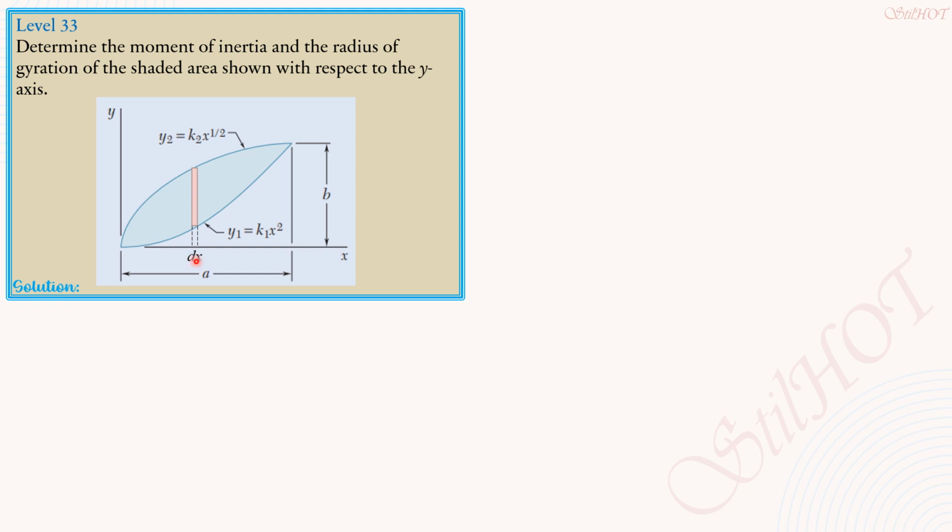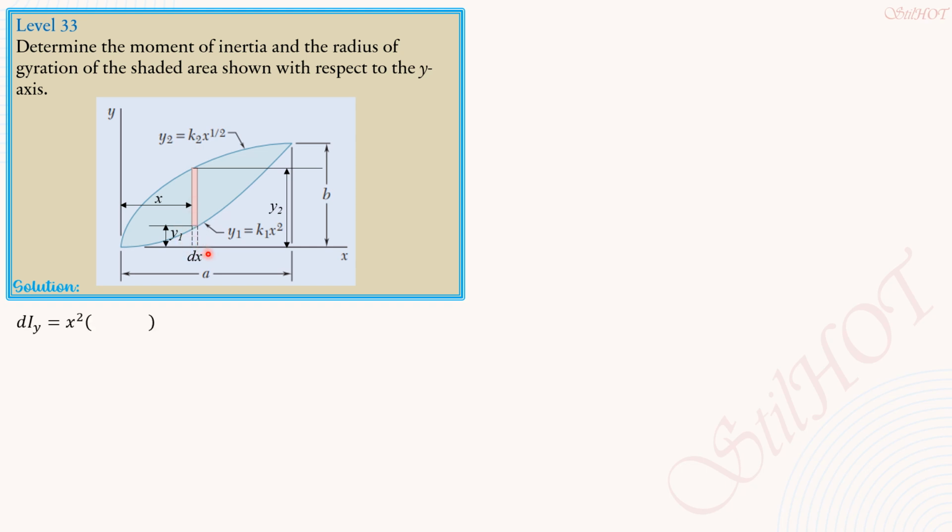Its thickness is dx. The height of the strip is y2 minus y1 as shown in the figure. And the distance of the strip from the y-axis is x. So differential Iy is distance squared times differential area. So x squared, then quantity y2 minus y1 times thickness dx.